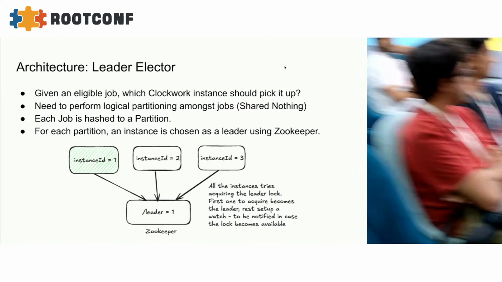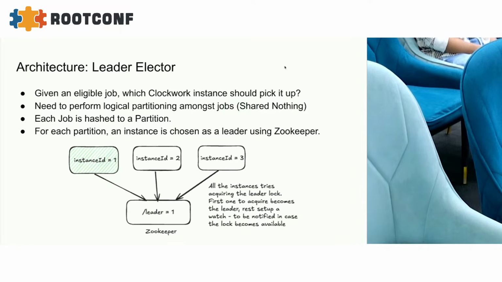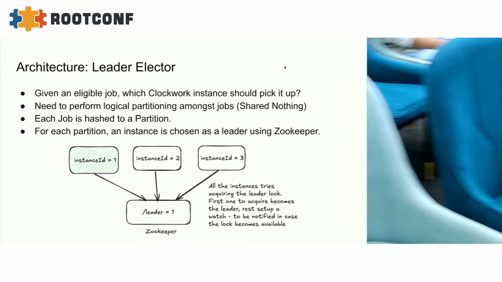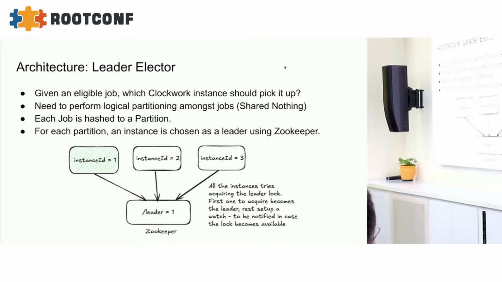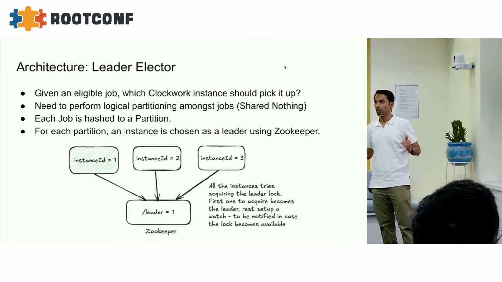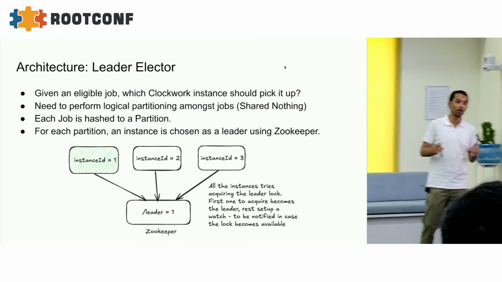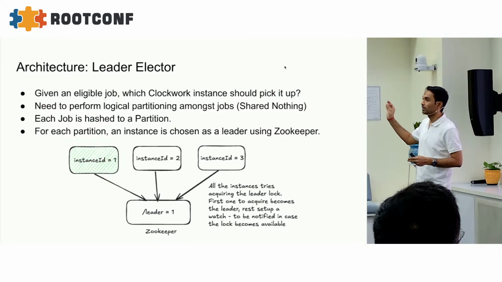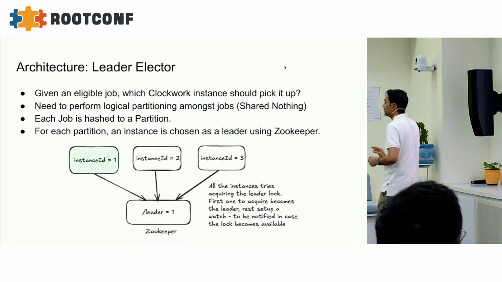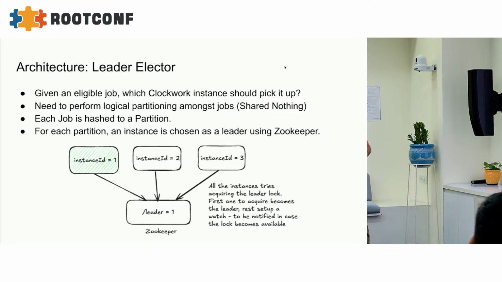During onboarding, we say, hey, merchant, you will be getting 16 partitions. Each job will be mapped to one partition by simply doing a hash modulo by the partition count. Now, these are just logical, nothing to do with any database partitioning. This is just a column in HBase saying which partition this job is mapped to.